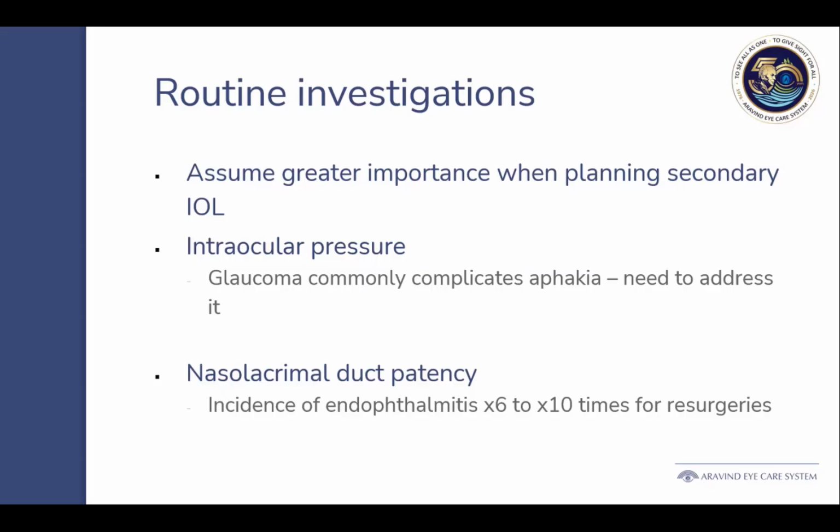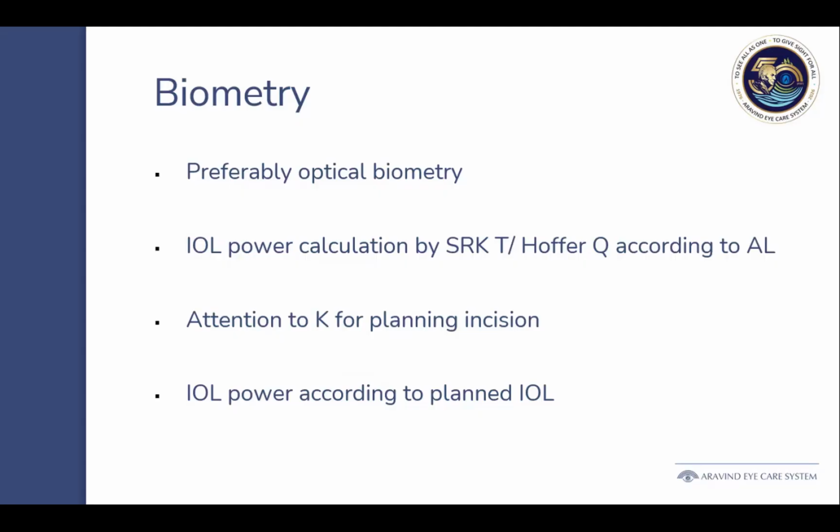Madam is going to talk about infection control in secondary IOLs, and we should know that as a secondary procedure, secondary intraocular lenses carry a very big risk, 6 to 10 times more risk of endophthalmitis, in spite of all precautions. And therefore, the establishment of the nasolacrimal duct patency is extremely important.